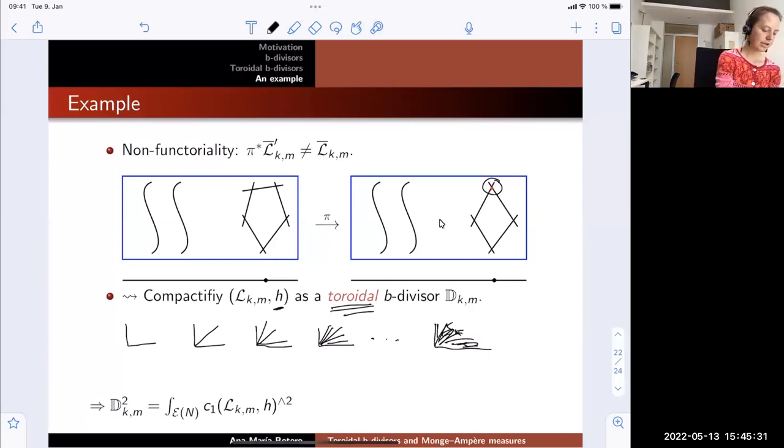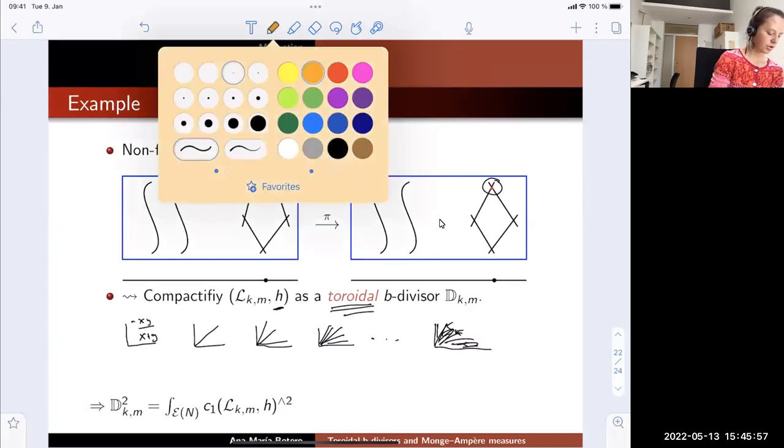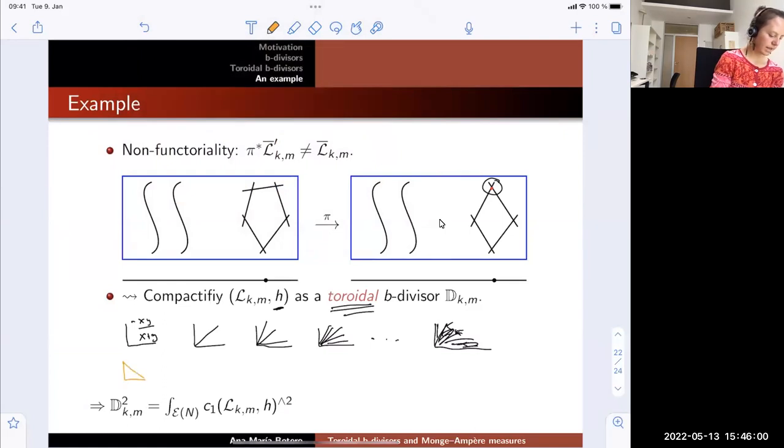And then it turns out that this b-divisor, which is going to be defined in terms of the metric, is locally given by a function, which in this case is minus xy over x plus y on this cone, and this is a concave function. So what we're doing here, if you're looking at the convex picture, is you're starting with a simplex, and by blowing up, you're taking off little simplices.